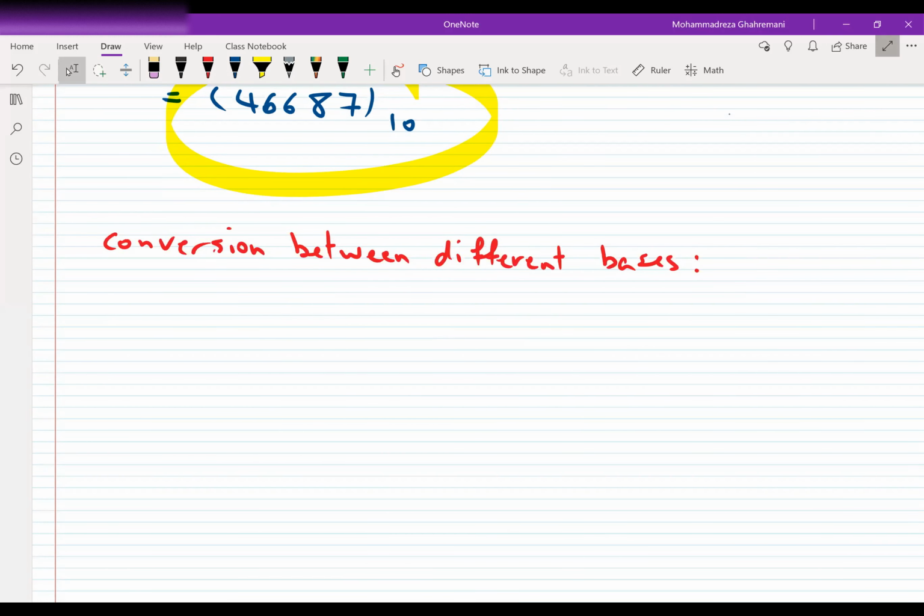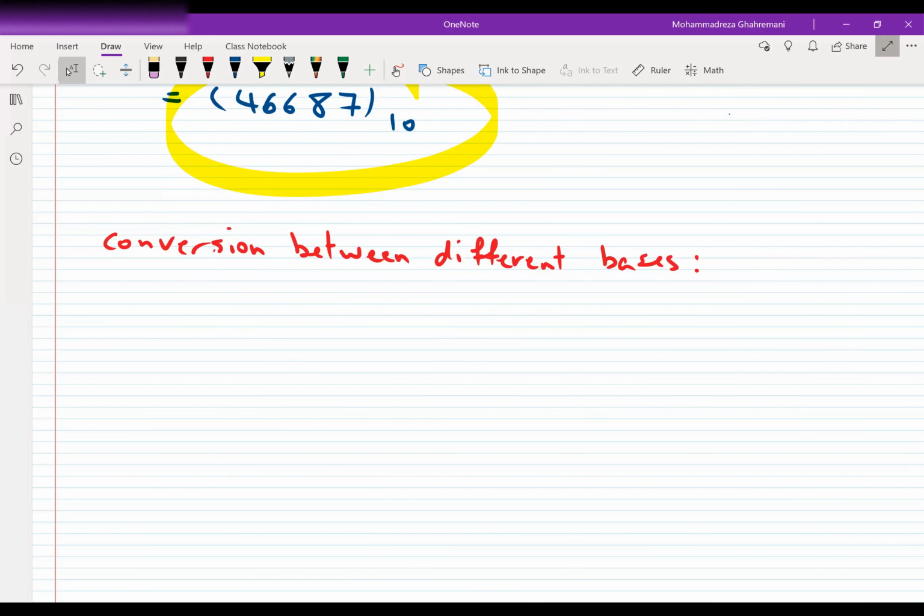For now, we will talk about conversion from base 10 to the other bases. And also I said we need to do it separately for integer part and fraction part.